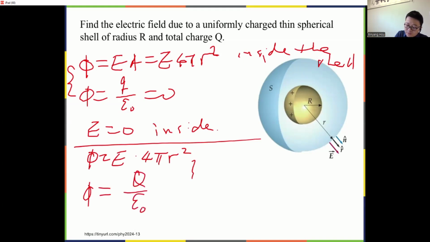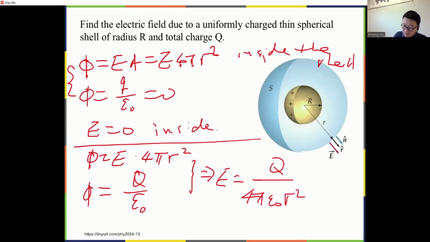Combining these two, E field should be equal to total Q over 4 pi epsilon naught times R squared. And 1 over 4 pi epsilon naught is K, so this is the same as KQ over R squared.